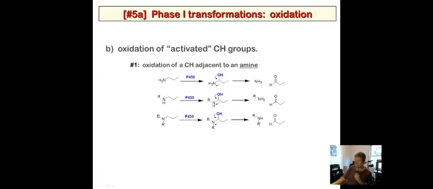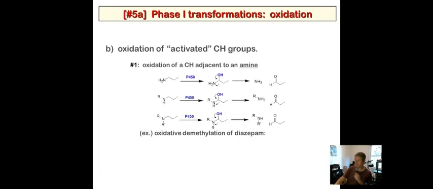What about a tertiary amine? So the amine has 3 things on it. Same thing. You can easily lose an alkyl group by oxidizing the 3-carbon chain with P450. Oxygen kicks down, kicks off, and now you're left with a secondary amine. So in each of these cases, the alkyl chain just gets chopped off.